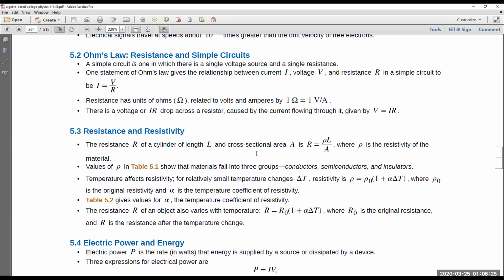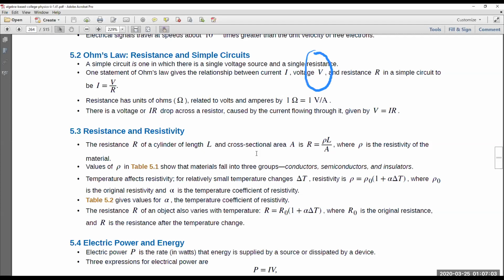Let's talk about resistivity. So basically, resistance is like the degree to which a material impedes or blocks the flow of charges. Okay, and if we use the analogy of a pipe, a wider pipe will allow water to flow through more easily.